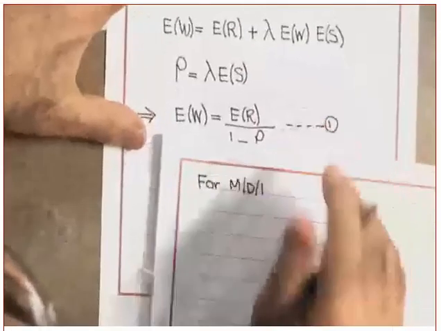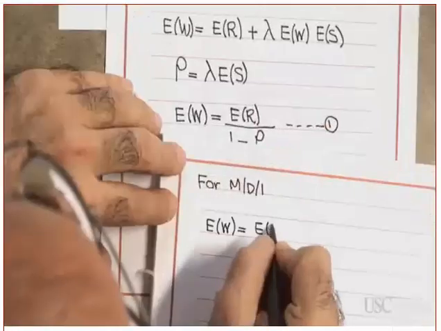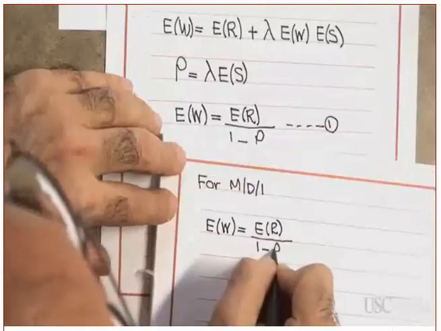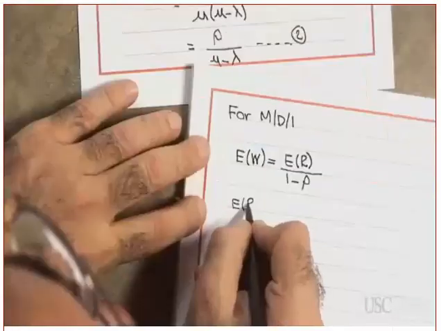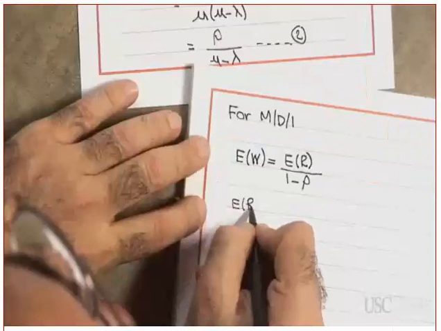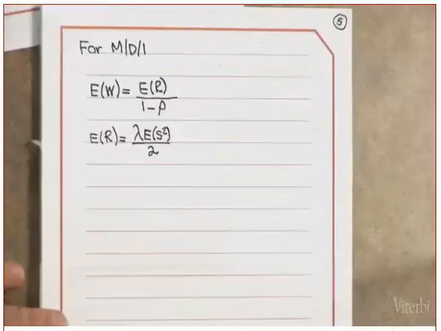Comment for me. Look at this one. We say E of W in an MD1 is 1/2 E of W in an MM1.